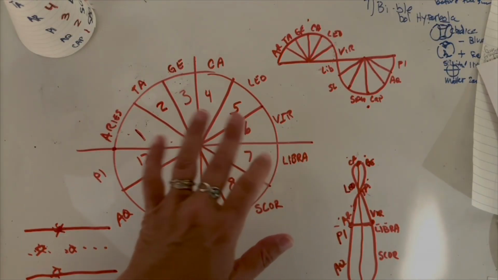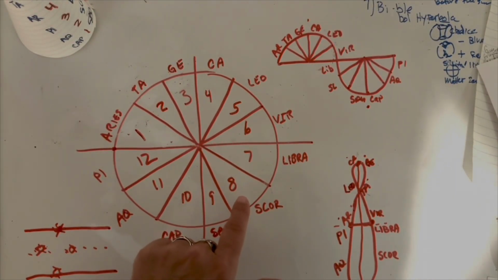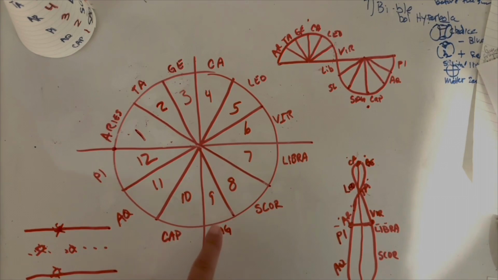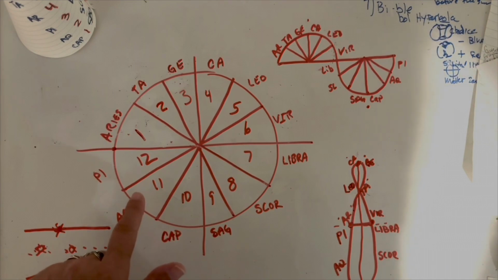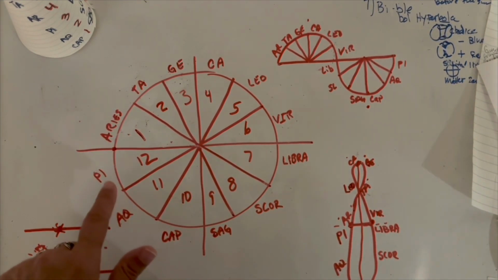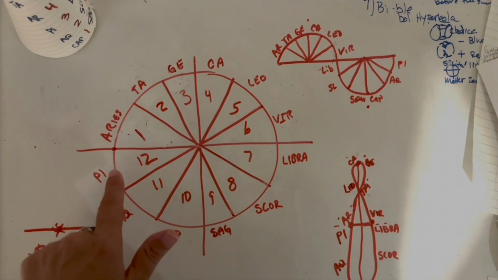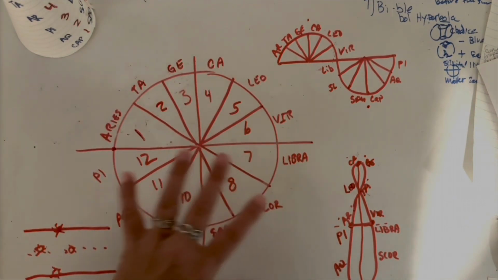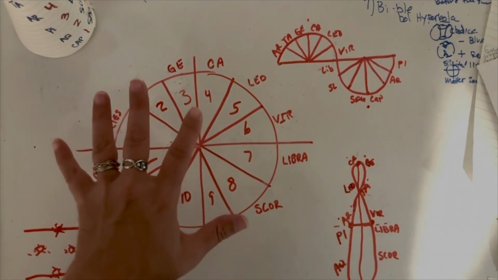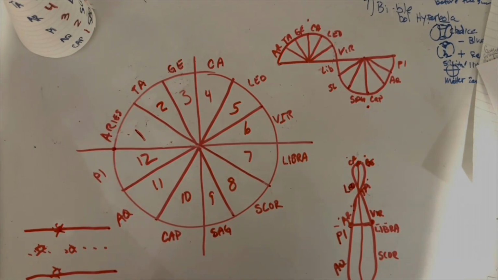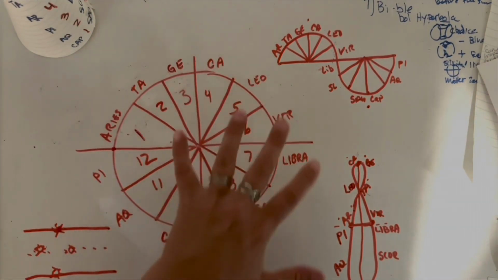Libra, the kidneys, the balance, Scorpio, the reproductive organs, Sagittarius, the thighs, Capricorn, the knees, Aquarius, the white blood cells, Pisces, the red blood cells, also the 2 fish or the 2 feet. They have other body parts that are represented with them, but that's the basic right there.